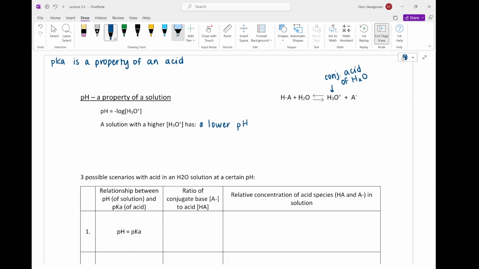Just like low pKa means stronger acid, low pH means more acidic solution. So pH is a property of a solution. It can be experimentally controlled.